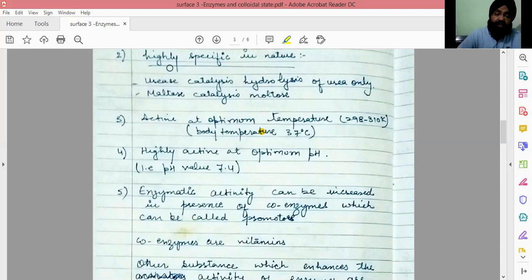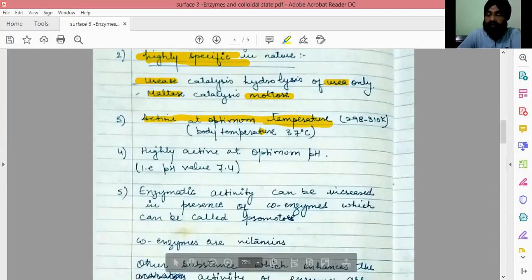The second feature of the enzymes is they are highly specific in nature. It means one type of particular enzyme is only for a particular substrate. Like urease can hydrolyze only urea. Maltase can act only on maltose to convert it into glucose. They work at optimum temperature, as they are present inside living organisms.